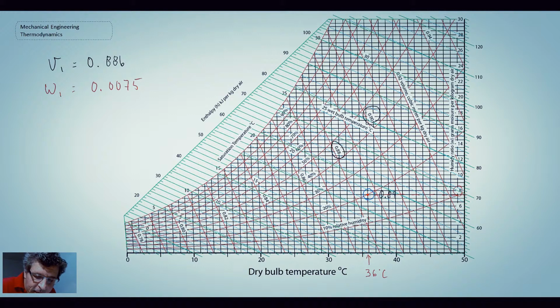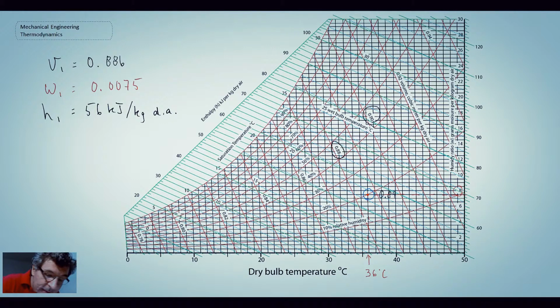The enthalpy in this process is not changing, but I would read the enthalpy here to be partway between 50 and 60. It's a little bit beyond the halfway point, so maybe 56 kilojoules per kilogram of dry air. So H1 equals 56 kilojoules per kilogram dry air.